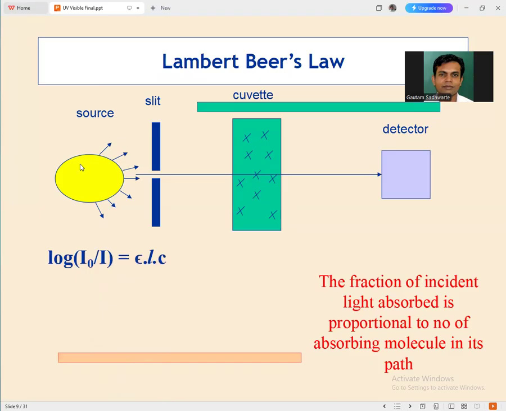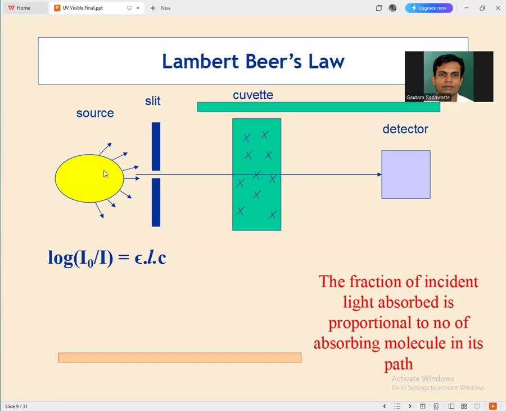So that is the Lambert-Beer law. What is the Lambert-Beer law? The decrease in intensity of incident light is directly proportional to the concentration of the solution as well as the path length of that solution.